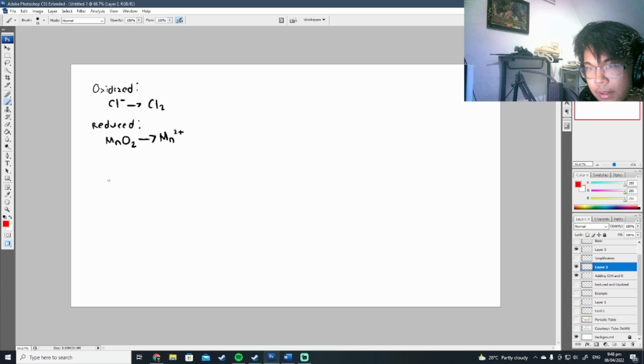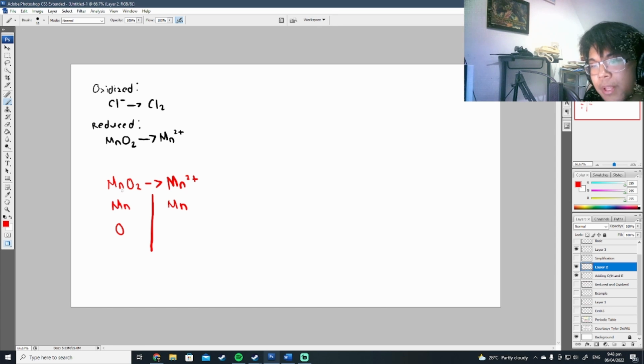So let's write it down first. MnO2 arrow Mn2+. Split it in half. Then on each side, write down the elements that belong on that side. Manganese and oxygen on this side, and on the other side we only have manganese.